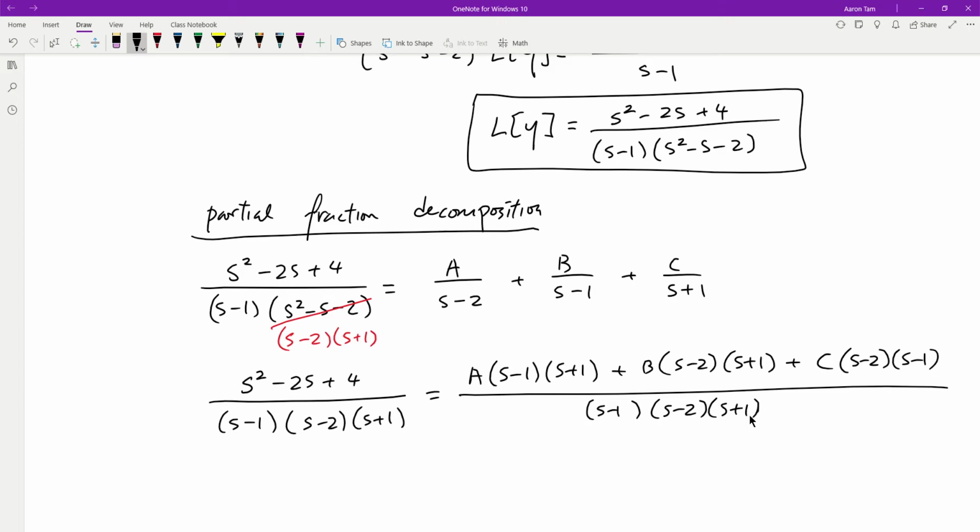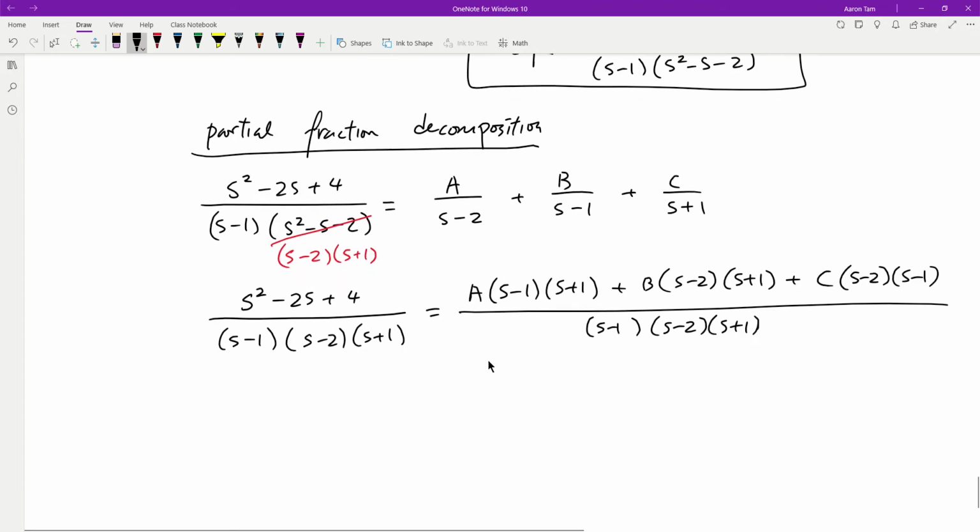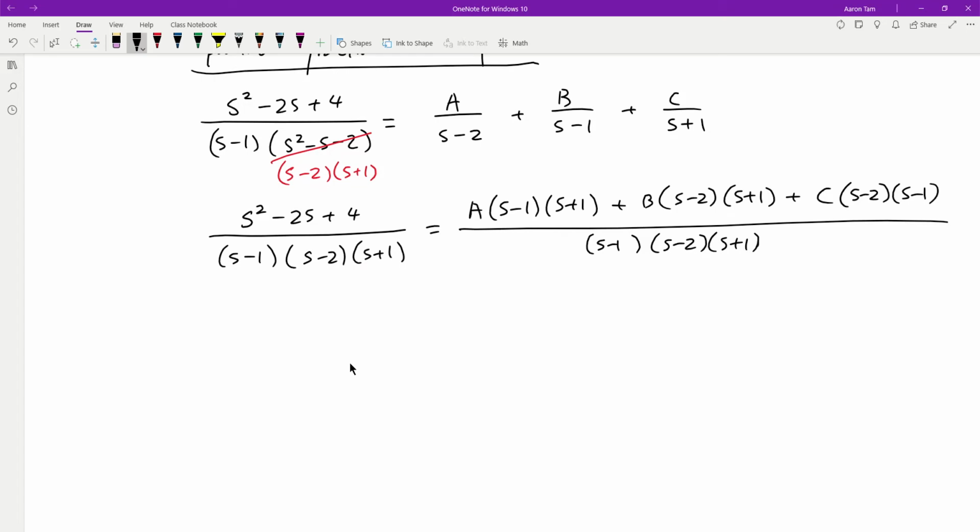So when you combine all of them together, that's what you get. And remember, once you have this step, because the denominator is the same, that implies the numerators are the same. So therefore, now I have this equation that we're going to use to figure out a, b, and c. And no, you should not multiply these parentheses out.